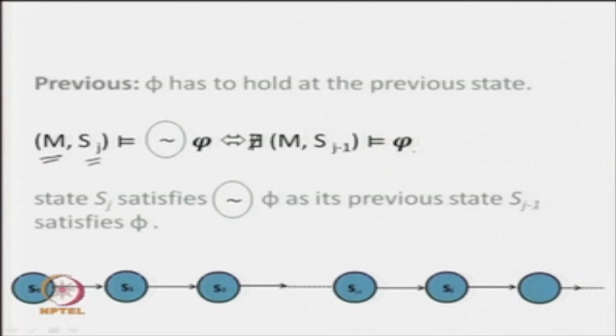So, if in the previous state phi holds, then we can say that in that particular state previous phi holds. This is the meaning of a previous state. If we are in a particular state and in the previous state something happens, then previous phi holds in that state.